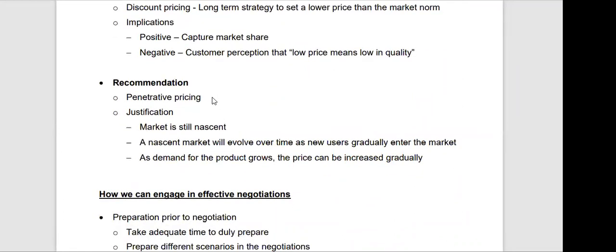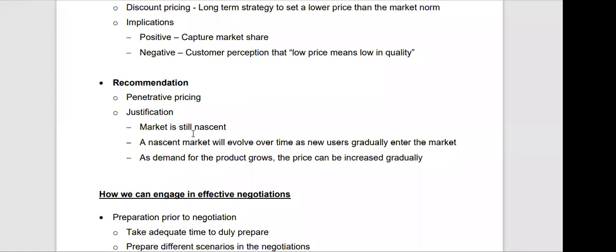The recommendation is penetrative pricing, and when it comes to recommendations, you have to always justify your recommendation. Just because you mention something, it does not mean that you are going to get marks. Every time you provide a recommendation, you have to provide a fully fledged justification. So how have I justified my answer?